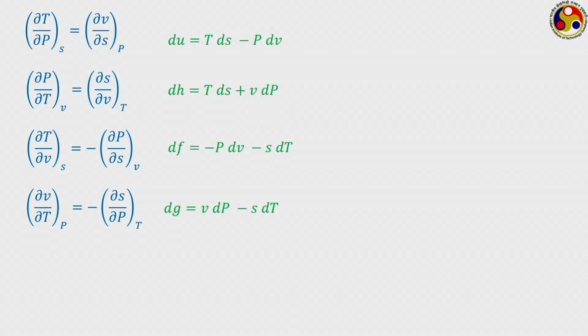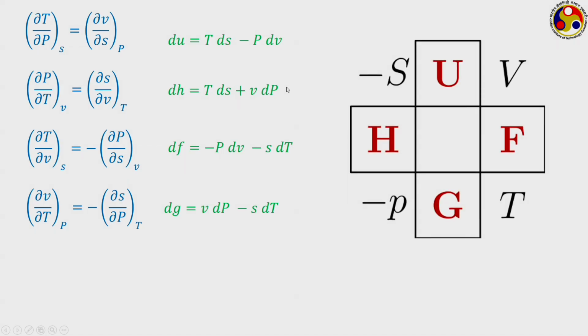So, to get an idea about how to remember these equations, we make use of something that is known as the Maxwell square or thermodynamic square or mnemonic. Just see how we have written them in a square form.